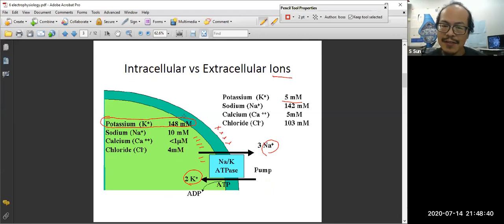If we only have this pump, then in the cell, we will have accumulation of potassium. It's like you keep pouring water or potassium in it. In the end, it's going to overflow, but it's not, right?